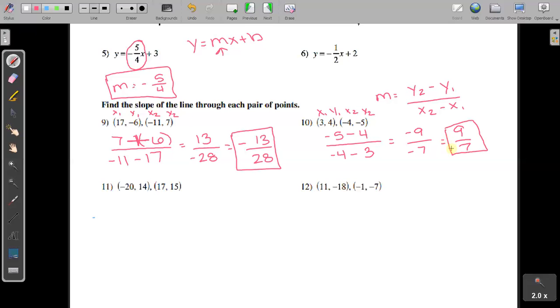There are some students that want to make this a mixed number, which would have a whole number and then a part of a fraction. You do not want to do that with slope. You want to leave it as an improper fraction every time.